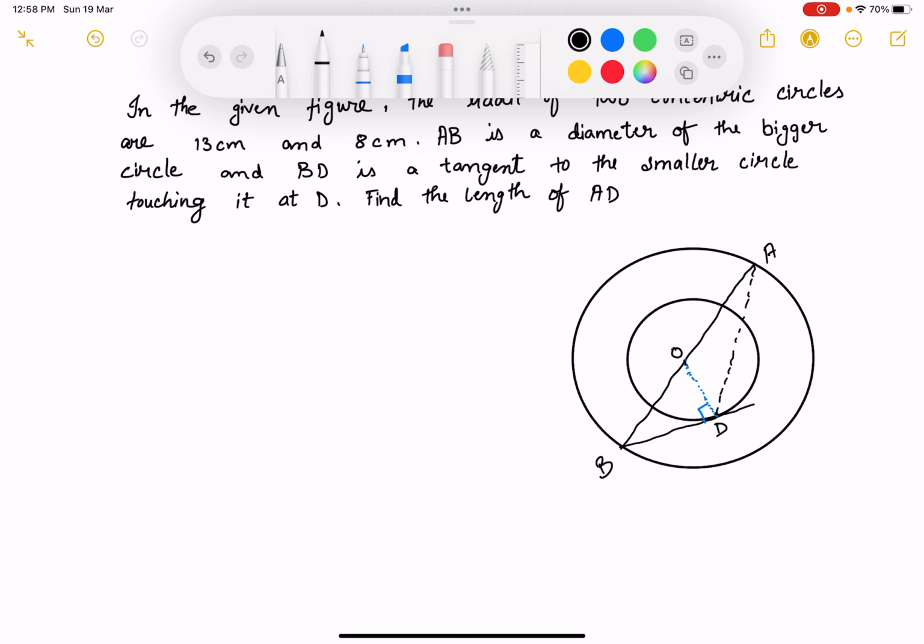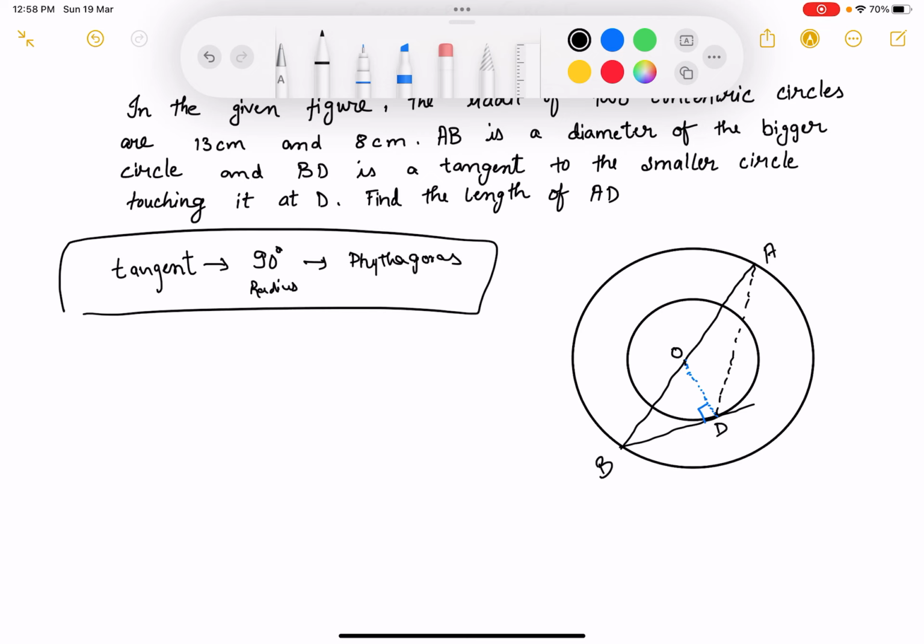So next thing is apply Pythagoras theorem. So what's the flow? First you hear the word tangent. Then you mark the angle 90 degree, draw the radius, then apply Pythagoras theorem. This is the common flow. It applies in most of the questions. You hear the word tangent, you mark angle 90 degree, draw the radius and apply Pythagoras theorem.